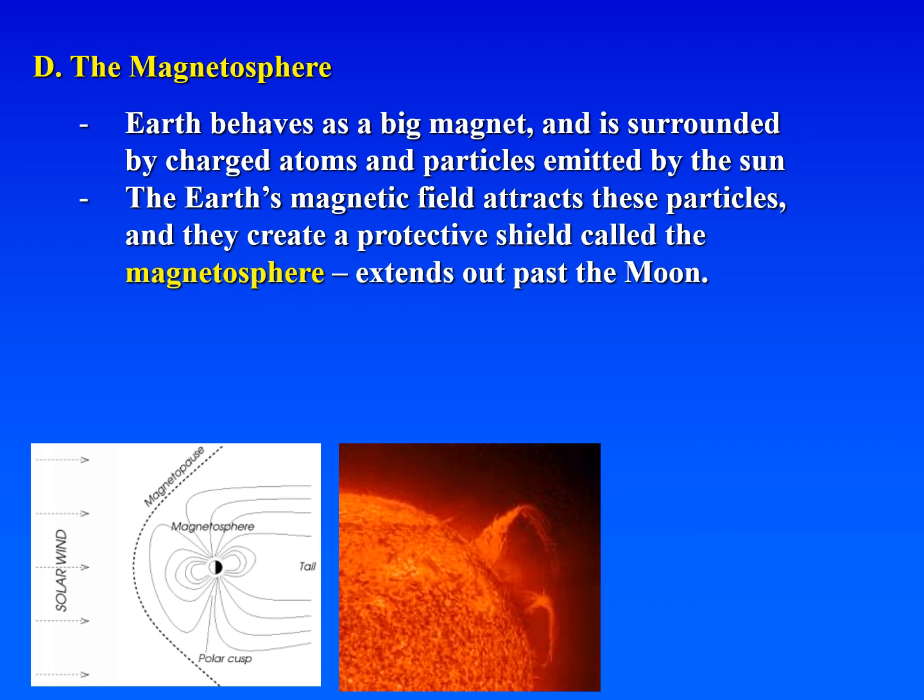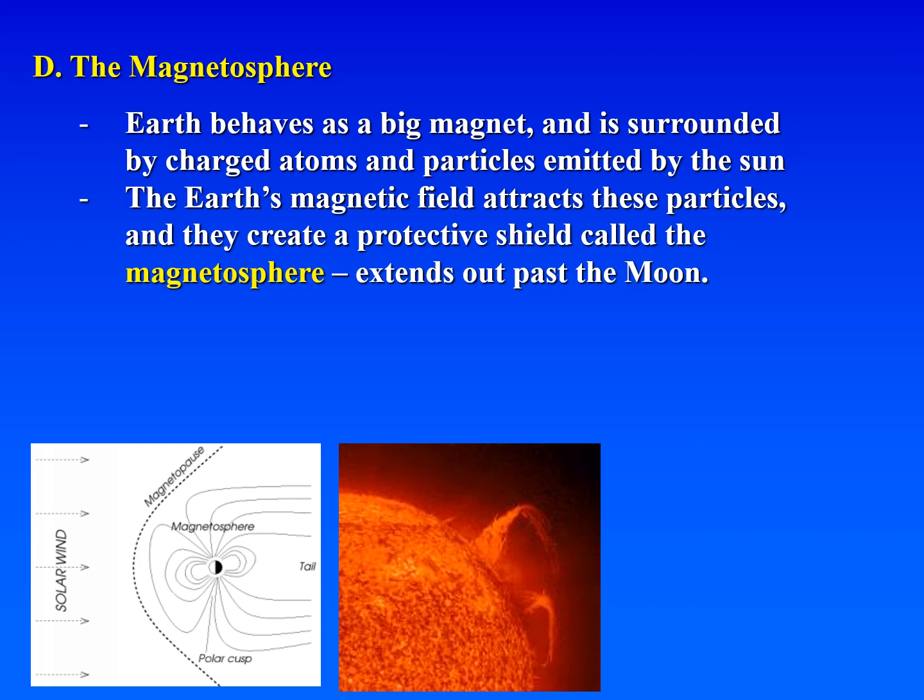Okay? So this layer of charged particles, or the magnetosphere, is a pretty big system. It extends out past the moon. So even the astronauts that traveled to the moon were still inside our magnetosphere.